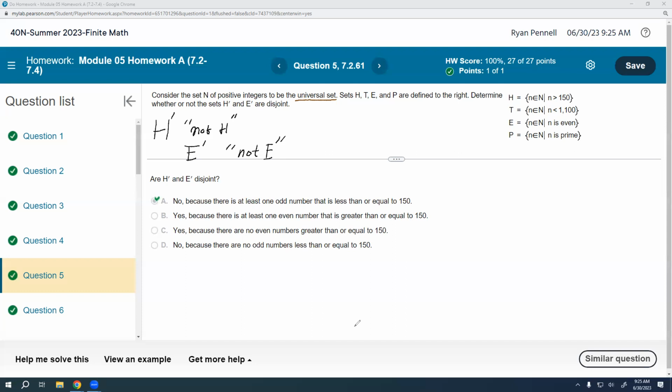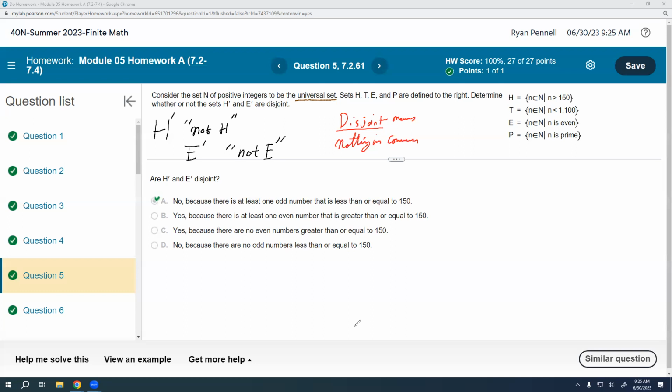They want H and E complement. Are they disjoint? What does disjoint mean? Disjoint means nothing in common. Okay.